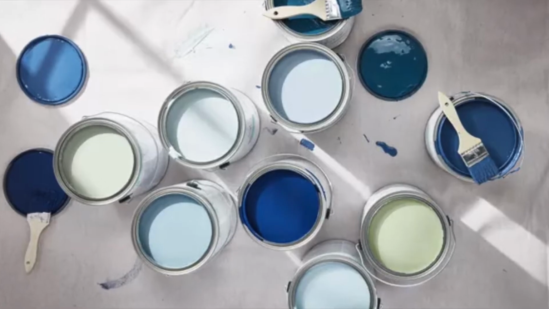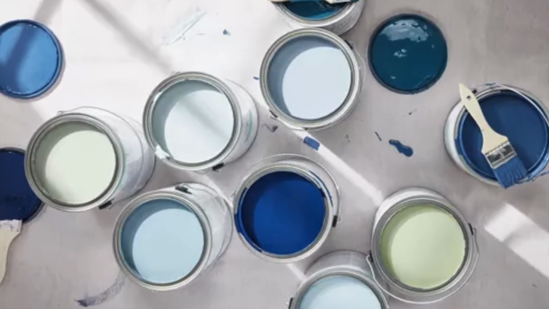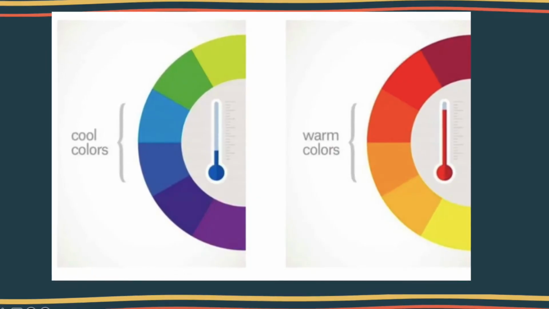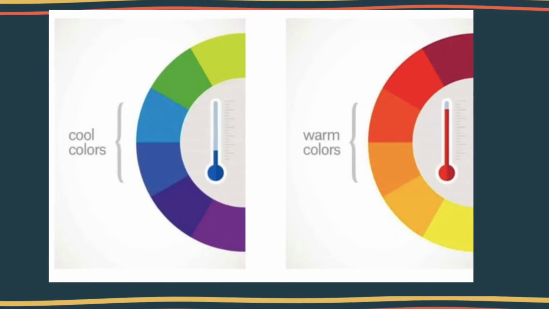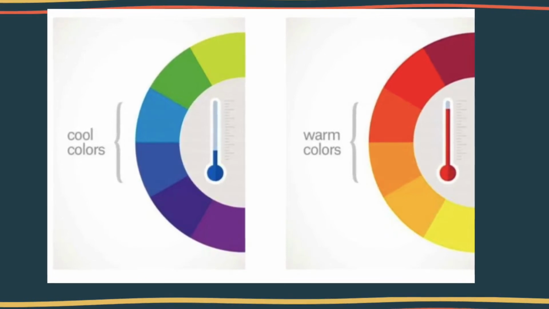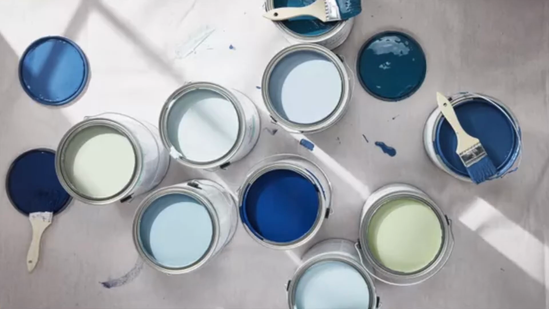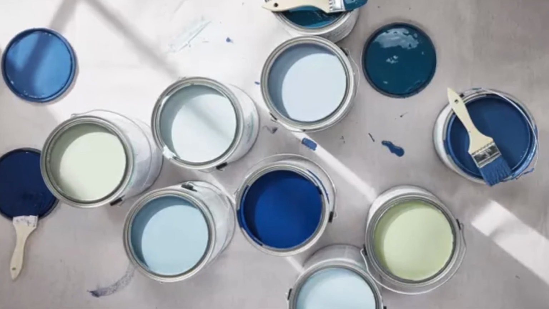So now let's move on to cool colors. When we say cool colors, these are typically blue, green, and light purple. If warm colors remind you of heat and sunshine, cool colors can remind you of calmness and soothingness. Most often, cool colors remind you of water and sky, even ice and snow.